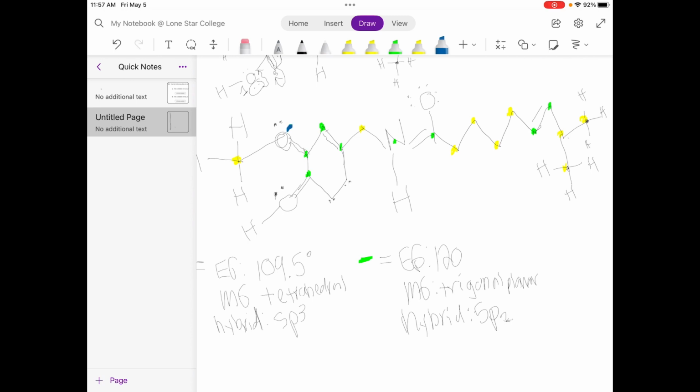Okay. Let's see. What else can I do? Okay, this is bent or angular too because 2 shared atoms, 1 lone pair. This one right here.